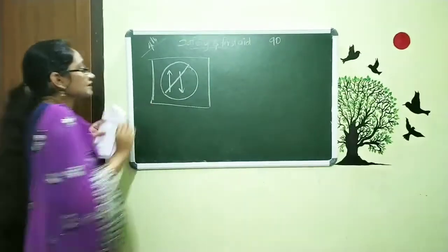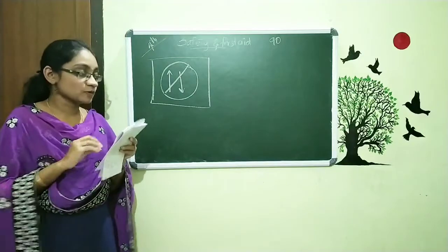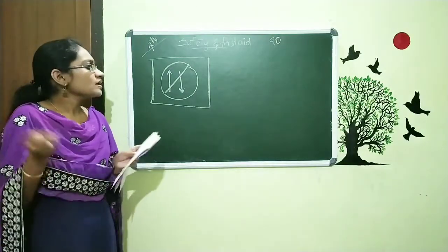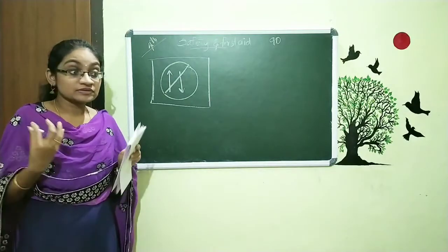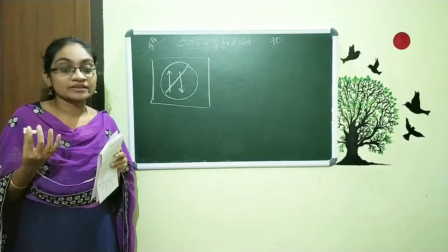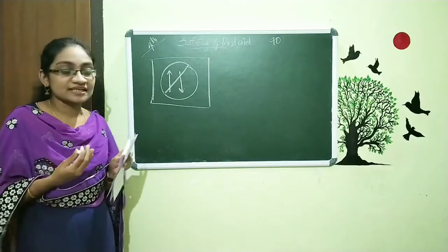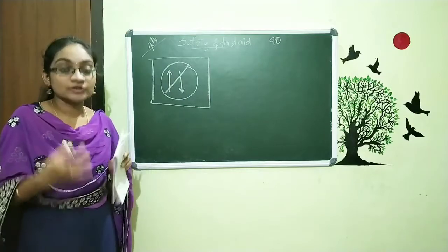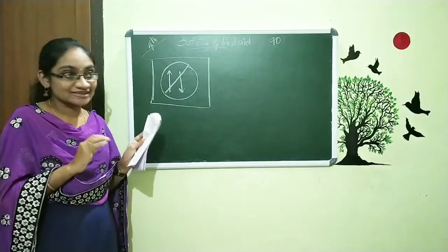This is the first symbol given in your textbook. Before that, I want to tell you that nowadays on our roads there are a number of vehicles, so the possibility of accidents is more. That's why we want to study the rules on the road and also the symbols or signs.